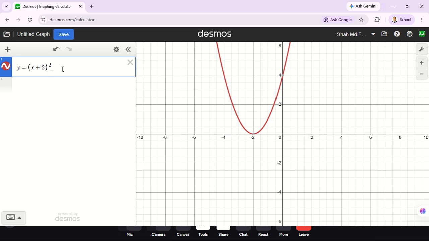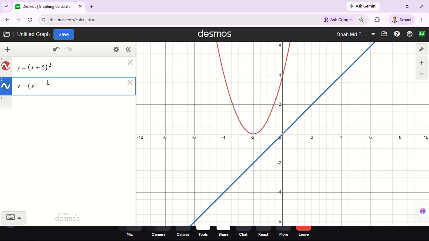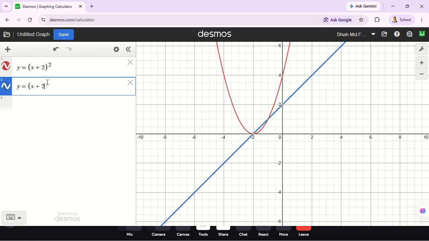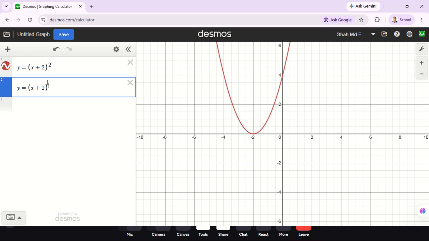But now, if we are given y equals x plus 2 square and then plus 2, what are the basic changes here?